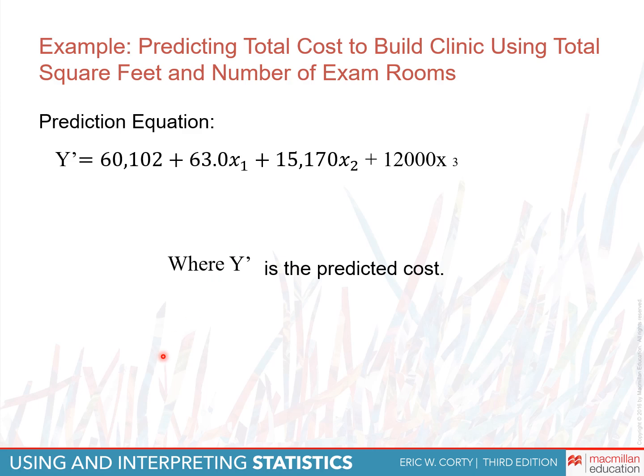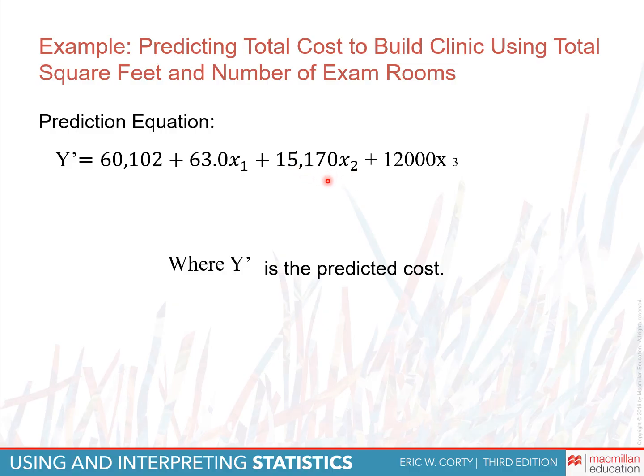All right, so we can take all of that information and put it into a prediction equation. We can say y prime is going to be 60,102, that's our y-intercept, plus 63 times x1. The slope for x1 is the 63.0, that's our b1, plus 15,170 x2.